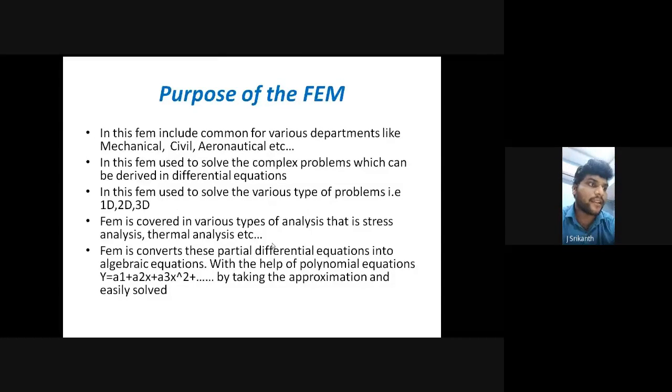With the help of finite element methods, partial differential equations are converted into algebraic equations. Already we have taken differential equations in the computational fluid dynamics lab. With the help of polynomial equations, the partial differential equations are converted into algebraic equations.